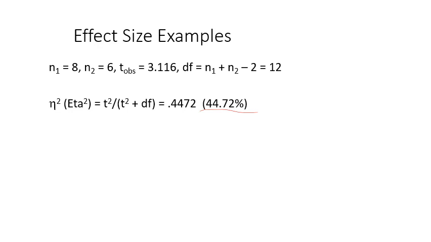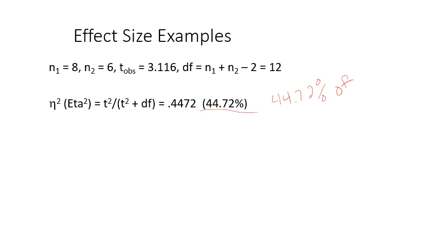What is this saying? 44.72% of, and what was the thing we were looking at? Variability. It was watching PBS and cognitive complexity.